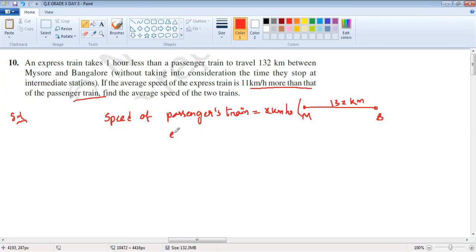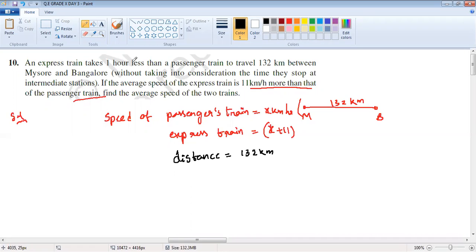Then the speed of the express train, what do you write? x plus 11. Am I right, ma? Now the distance is how much? 132 kilometers.